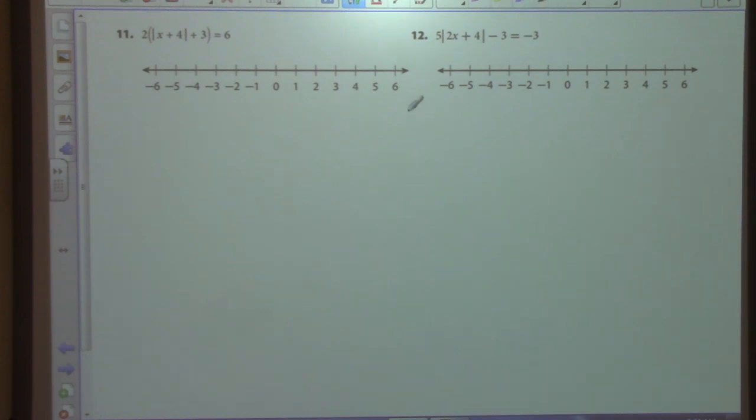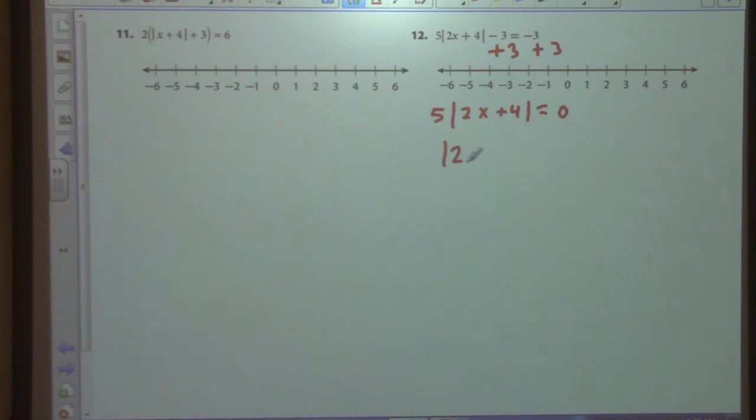What I'm going to do is add 3 to both sides up here, right? And so we end up with 5 times absolute value of quantity 2x plus 4 is equal to 0. And we divide by 5. 0 divided by 5 is still 0.